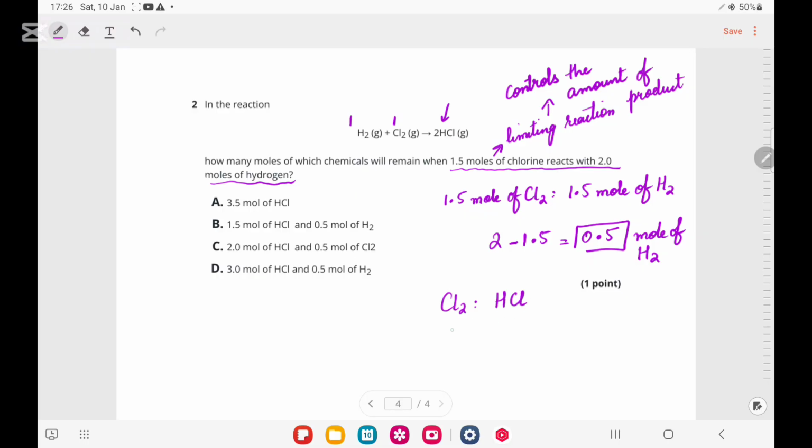So first of all, from the equation we have 1:2. Then if it is going to be 1.5 moles, then it is going to be X, and X comes out to be 3 mole of HCl. So answer is going to be D here.